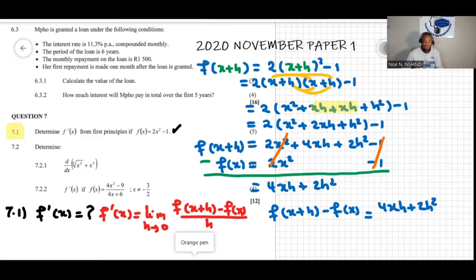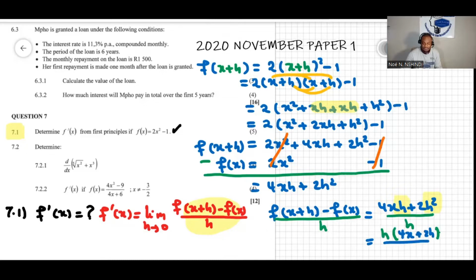Now, to work out the whole fraction, I will divide both sides of the equation by h. If I look at the numerator, we can take h as a common factor because we have h here and h squared there. So this will be equal to 4x plus 2h, all over h.